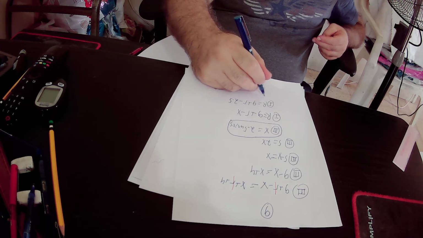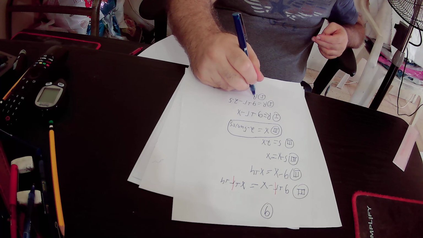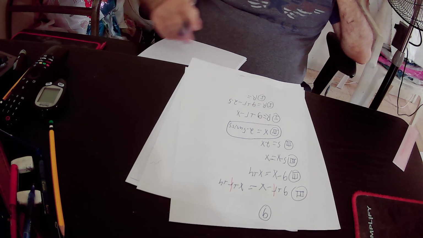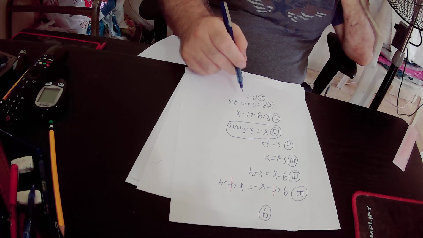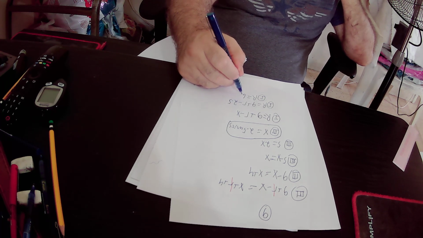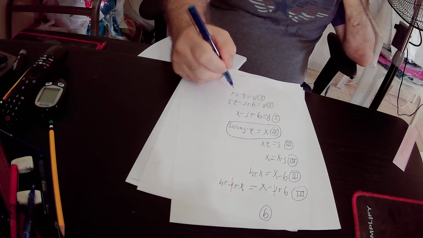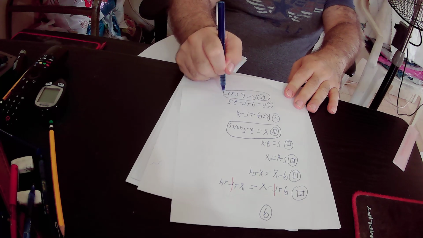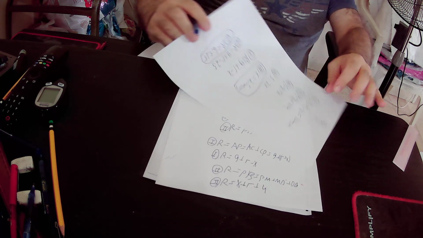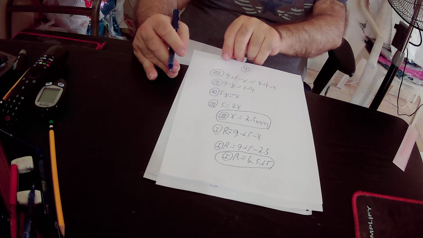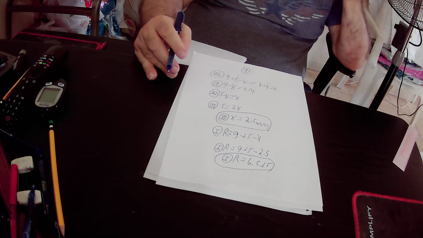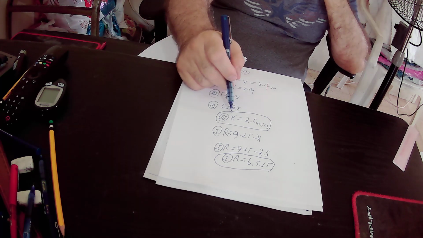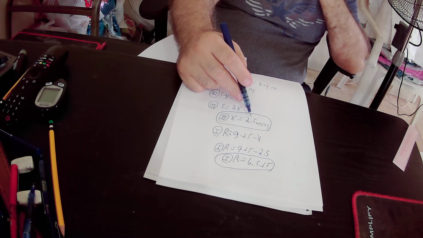So here we will get that the radius of the big circle equals 9 minus 2.5, which is 6.5, plus small r. Okay? So we got that the radius of the big circle equals 6.5 plus small r, plus the radius of the small circle. And we already know that x equals 2.5 units.